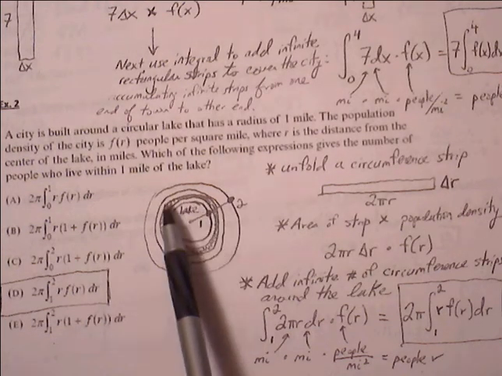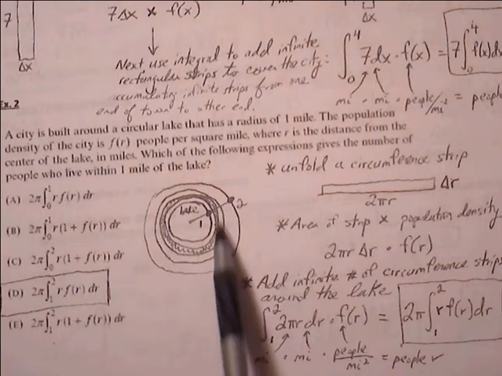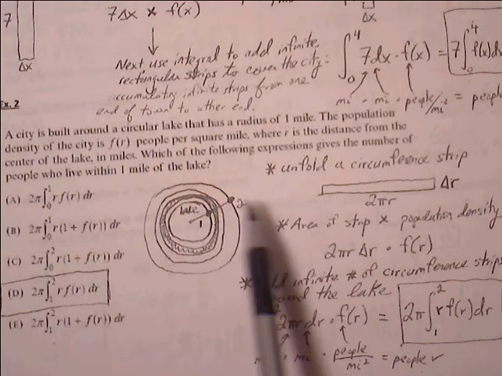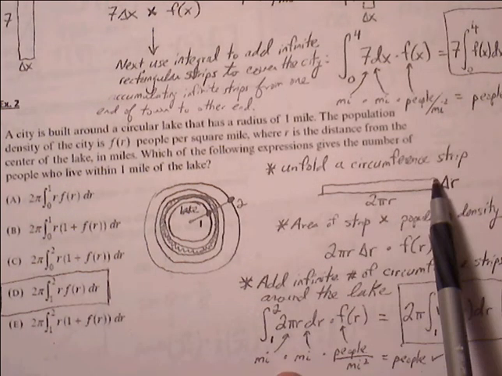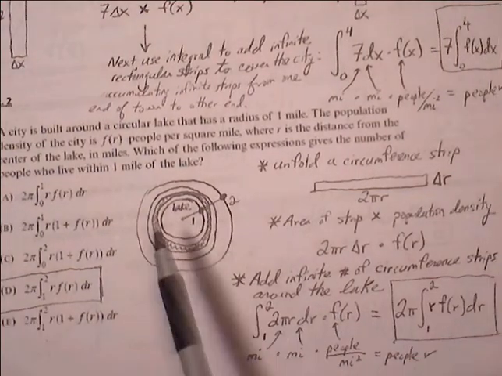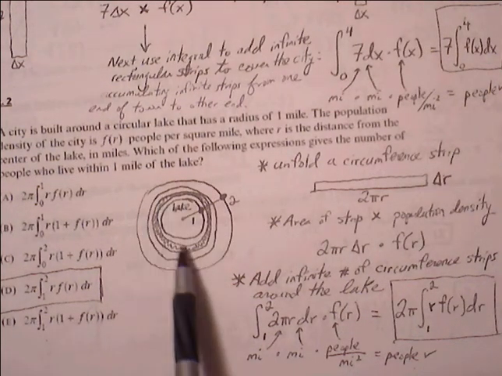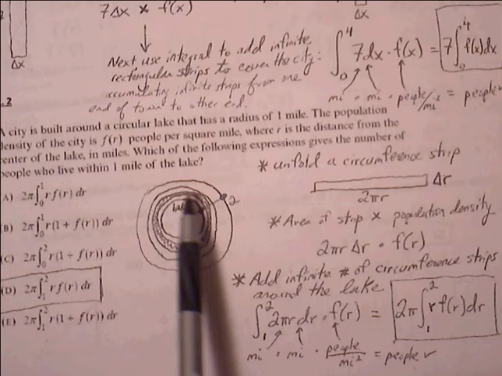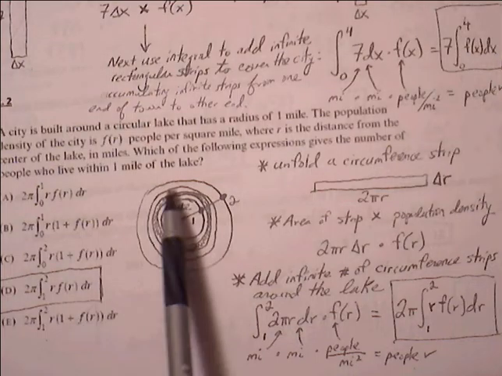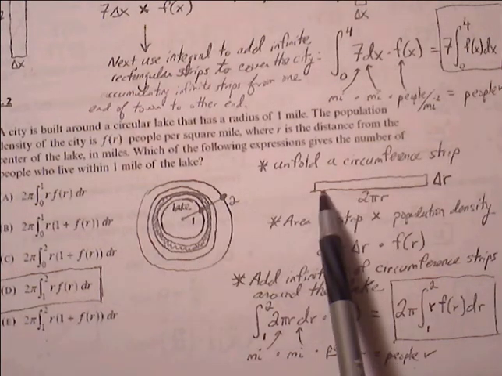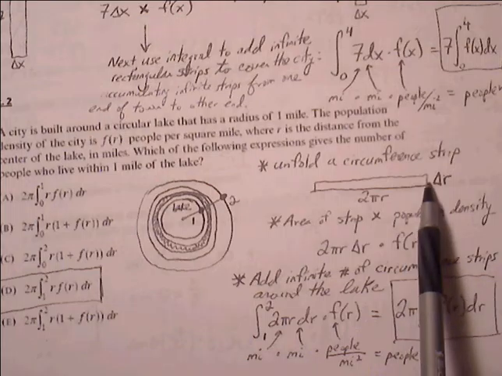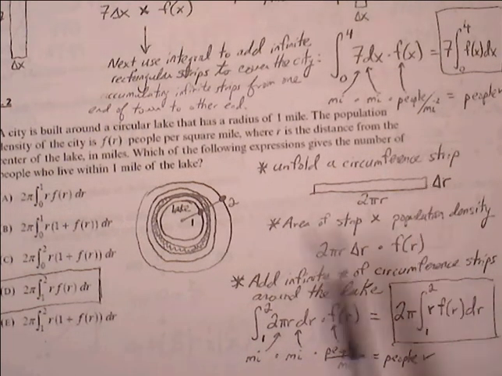If we take one of these circular strips, cut it, and unfold it into a rectangular strip, we know the distance around a circle is 2 pi r, the circumference, and the width of that strip will be delta r.